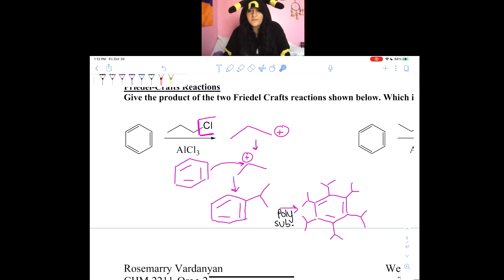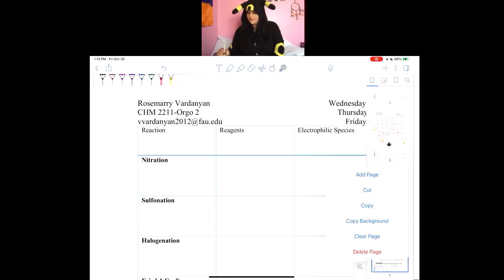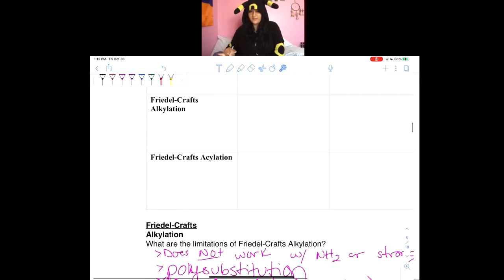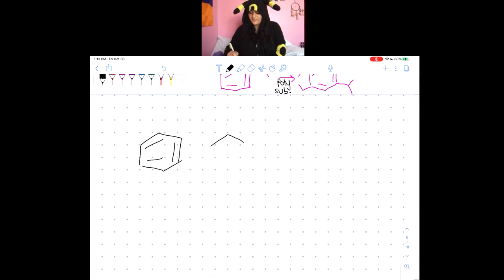And then, where does the bond come from that attaches the benzene to the carbon chain? So that's a really great question. Let's add a page. Sorry that my screen is so all over the place sometimes. So if we have our benzene ring right here, I'm going to skip ahead to the middle step where we already had our carbocation.